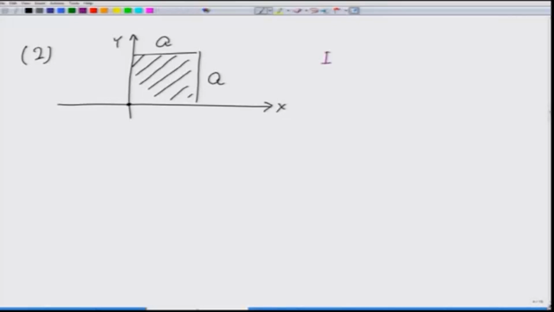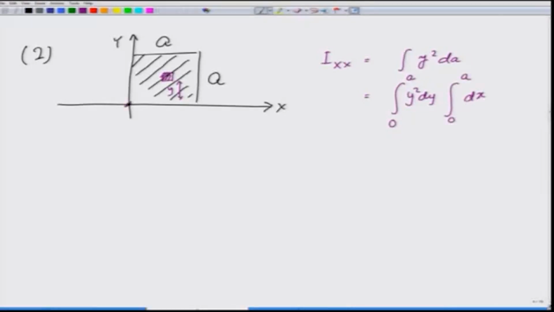So, again Ixx is equal to the integral of y square dA. dA is this small area and this is the distance y. In this case this becomes y square dy, where y varies from 0 to a, and dx which varies from 0 to a.